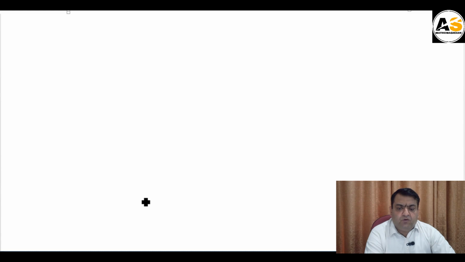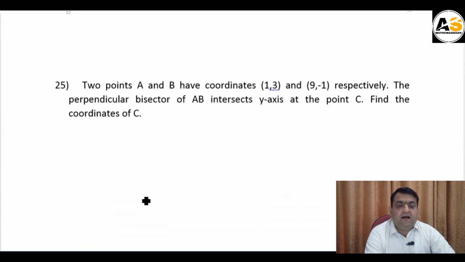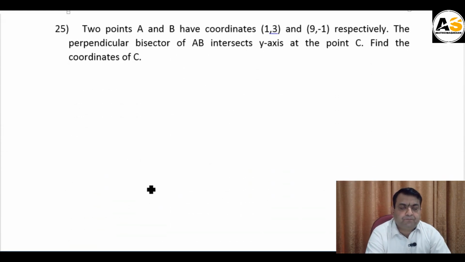Now we are moving to our next question, which is the last question for today's lesson. In this question, we are given 2 points A and B. A is 1, 3, B is 9, minus 1. The perpendicular bisector of AB intersects the y-axis at point C. Find the coordinates. What is the midpoint of AB?